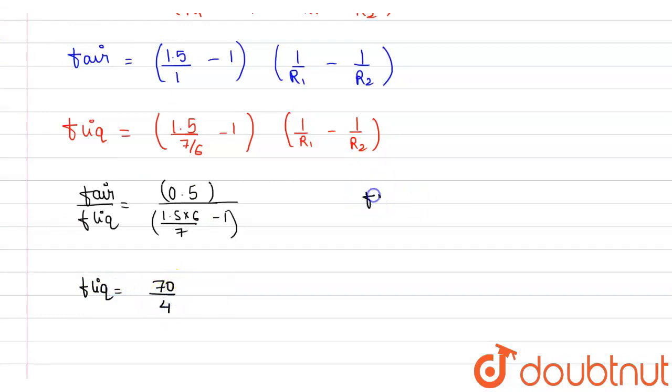We know f air is 10 centimeters, so f liquid will be 70 by 4 centimeter.